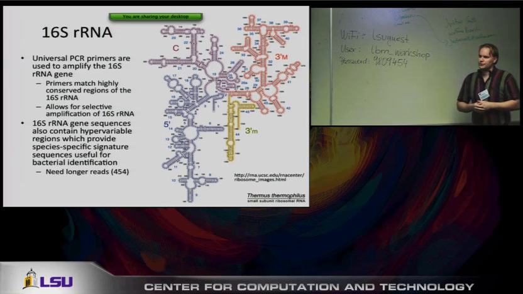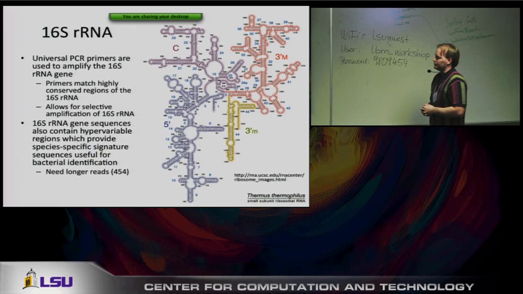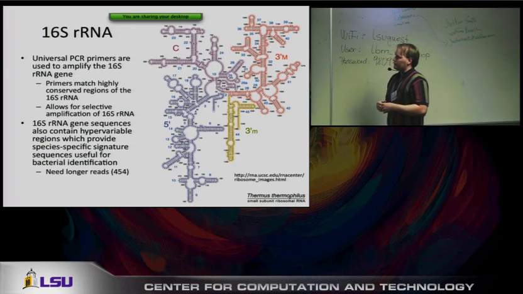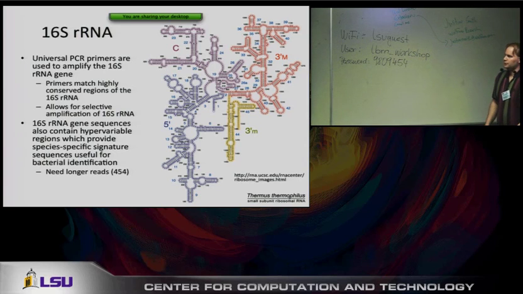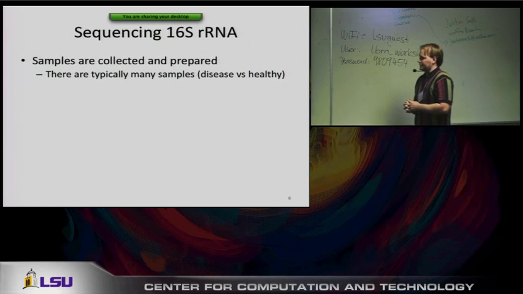They're called universal. They're not totally universal. There are a few bacteria that could fall through the cracks. But largely, you put in these primers, you do your PCR, and you amplify the 16S ribosomal RNA gene from all these organisms. And then, of course, you're going to sequence that with high-throughput sequencing technology.